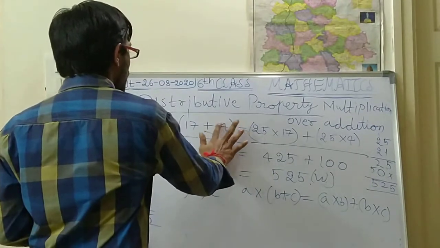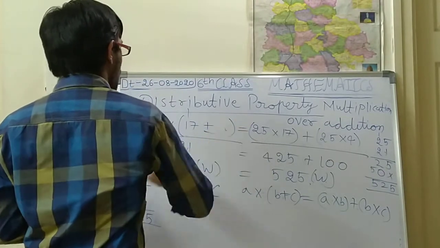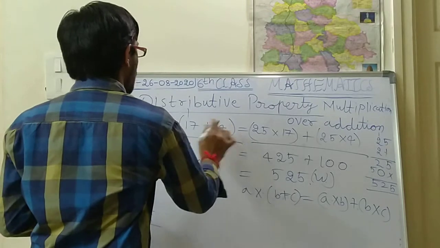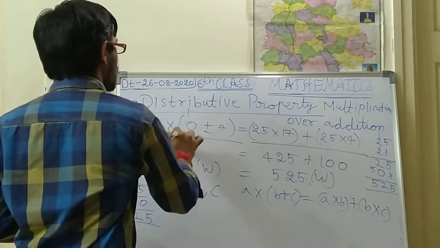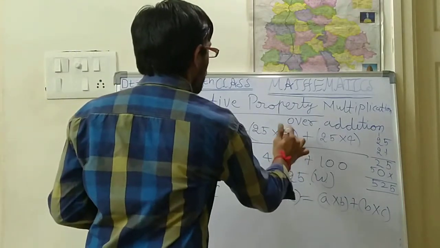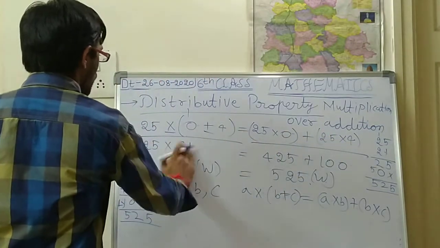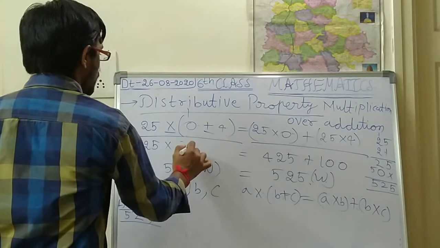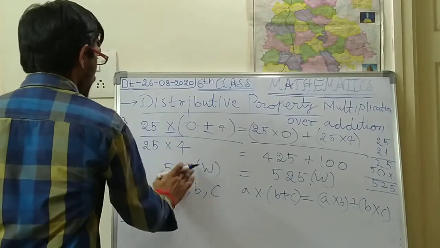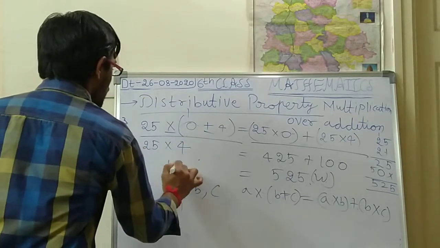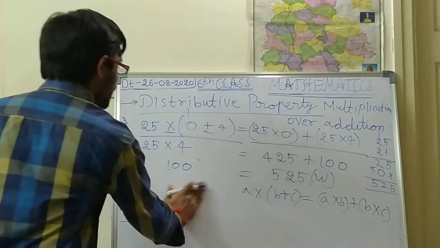So instead of 17 here, you can take 0. So 25 into (0 plus 4) is 25 into 4, which is 100. Here the answer is 100.